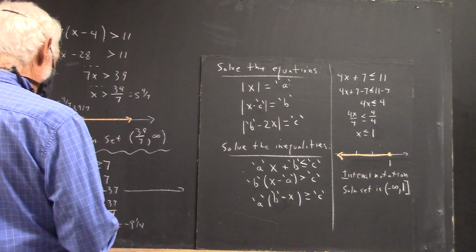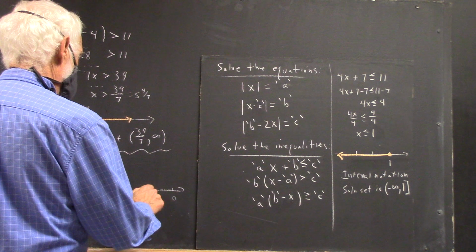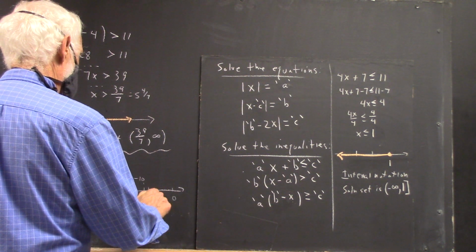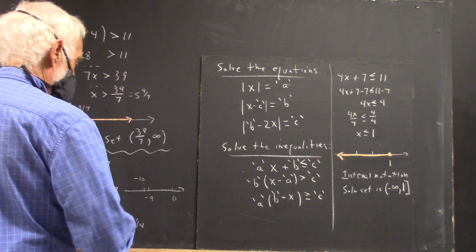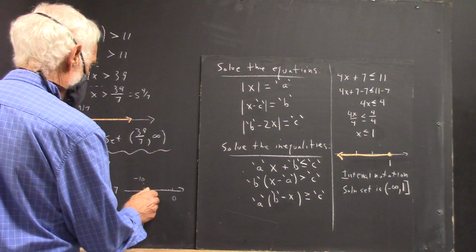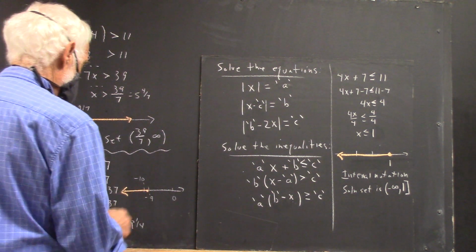So now you've got this, and you got maybe 0 here, and negative 9 here, and negative 10 here. And negative 9 1/4 is going to be about here. It's going to be included, so we're going to do a nice closed dot, and it's going to be everything to the left.